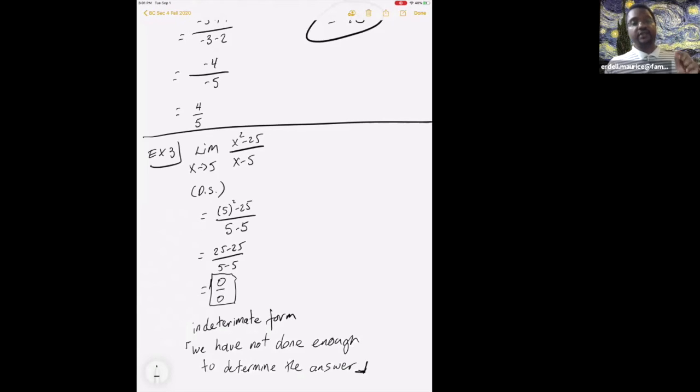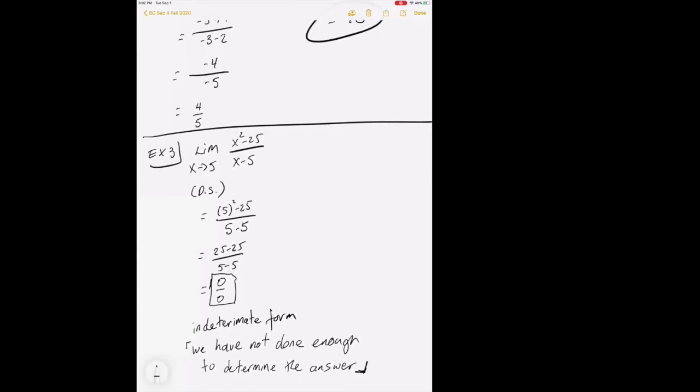Is it saying there is no answer? Is it saying that the answer does not exist? Is it saying that we're guaranteed to have an answer? No, it's not saying any of that. It is simply saying we cannot tell what the answer is right now. I.e., I cannot determine the answer. I.e., indeterminate form.